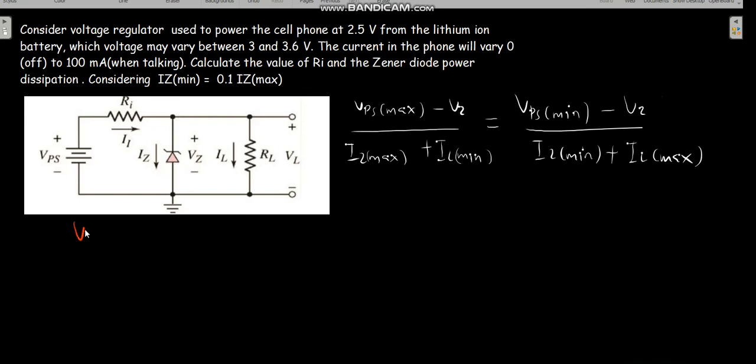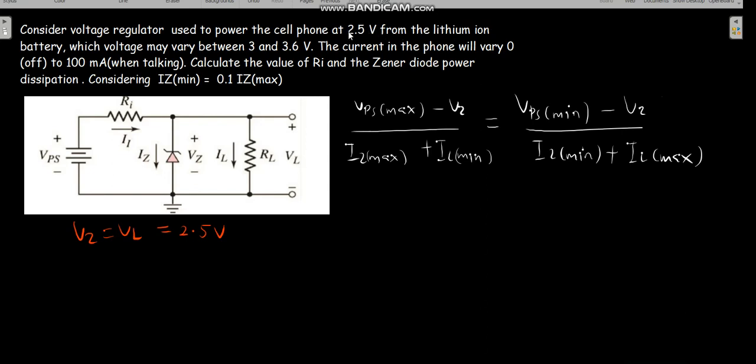So Vz will be equal to VL. The voltage in the load is given to be 2.5, so this should be equal to 2.5 volts.